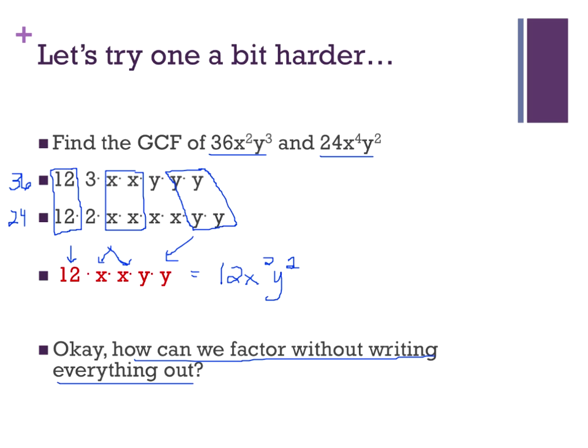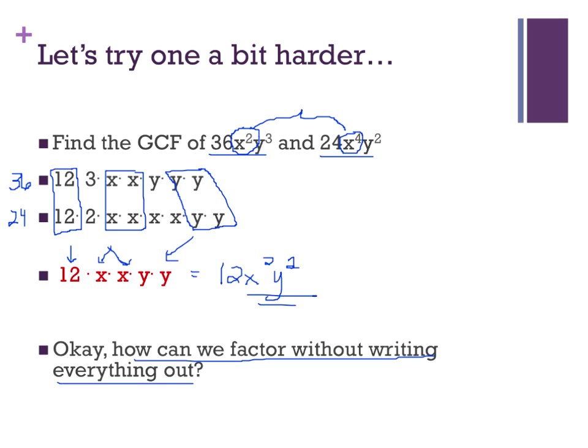So how can we figure out, again, what the greatest common factor is, specifically with variables, without writing everything out? Well, what we're going to look at is the idea that x squared here, and x to the 4th.